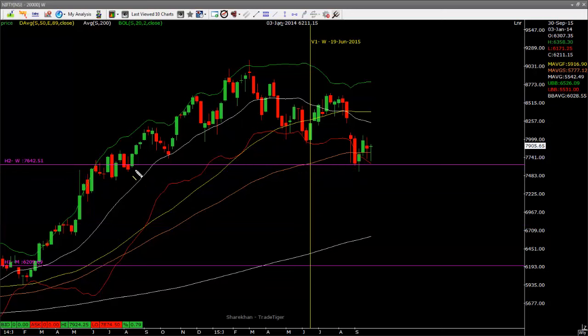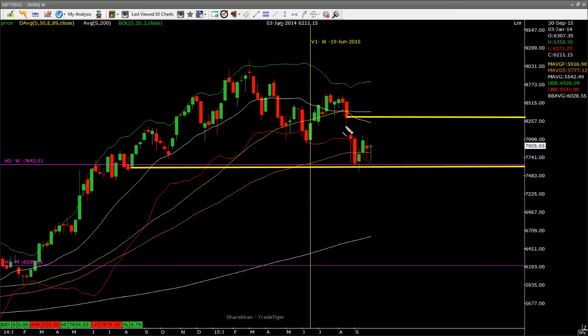From 7,500, and you have this gap to fill. Plus you have the sideways movement. We've already played out the downside. Then the market rallied, but then it again broke. If you see, there is a channel. This is the channel. Then this was the channel.